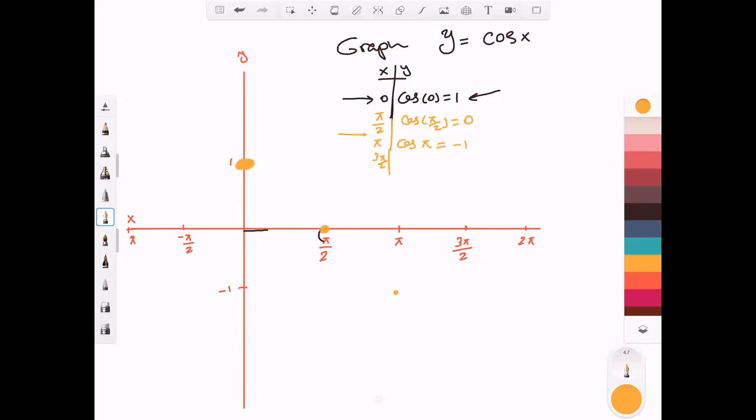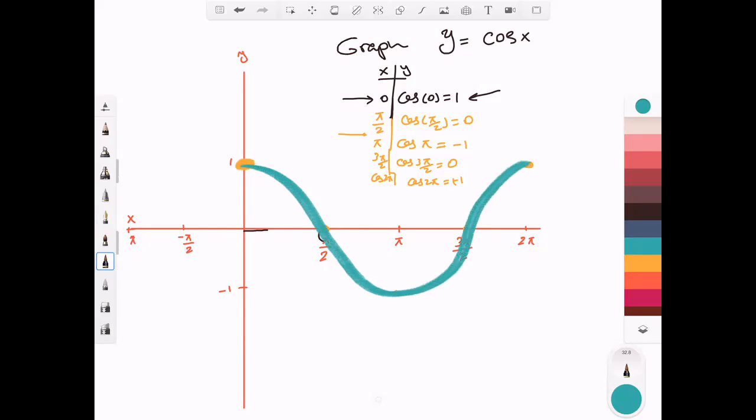Cosine of 3 pi half will be 0, and cosine of 2 pi will be positive 1. So what's happening is I go here, then at 2 pi I'm going to go there. So if we graph it, the graph will be something like this. That's the graph. It's one period, 0 to 2 pi, for cosine of x.